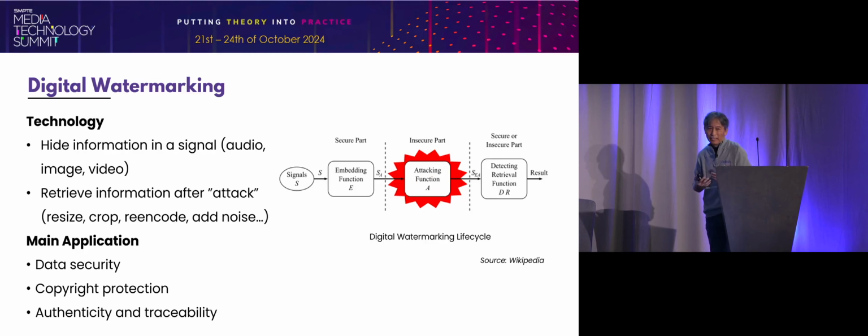Attacked meaning, for example, an image or video could be resized, cropped, re-encoded, or have noise added. Even after those attacks, you can still retrieve the hidden information by decoding the watermark. The main applications for this technology have been data security, copyright protection, and authenticity traceability.